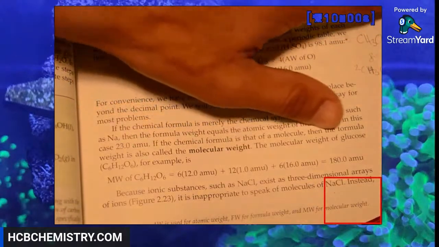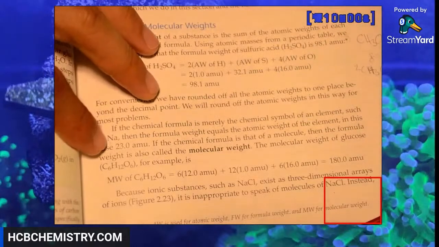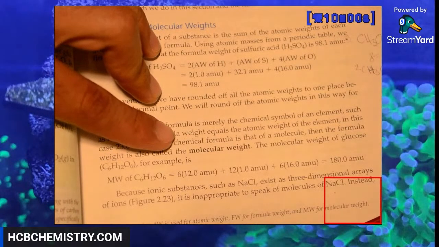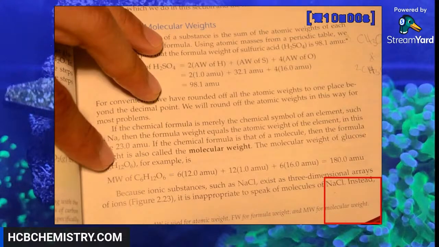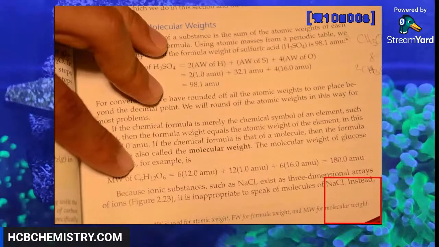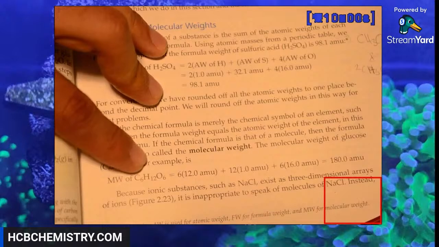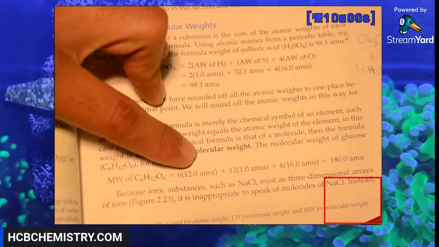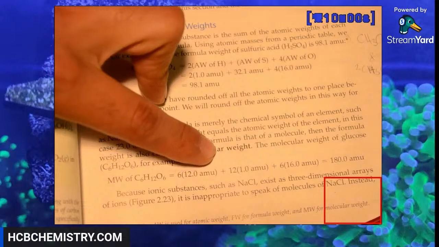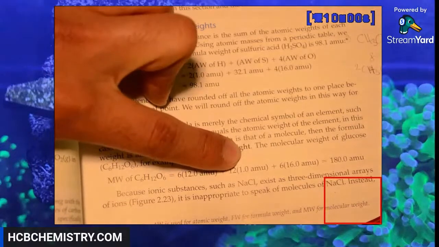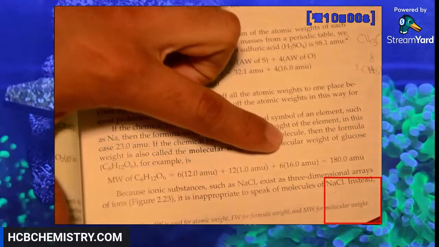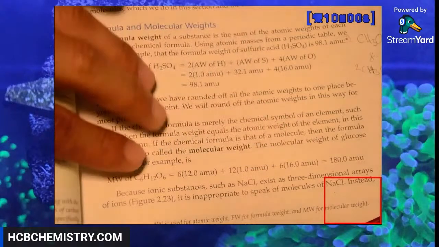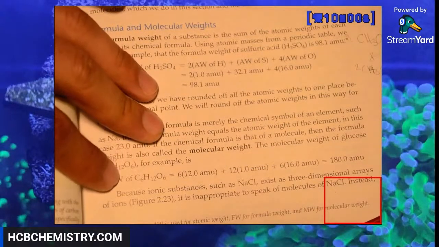The molecular weight of glucose, C6H12O6, for example, glucose is sugar, if I'm correct. Molecular weight of C6H12O6 equals 6(12 AMU) plus 12(1 AMU) plus 6(16 AMU) equals 180 atomic mass units.